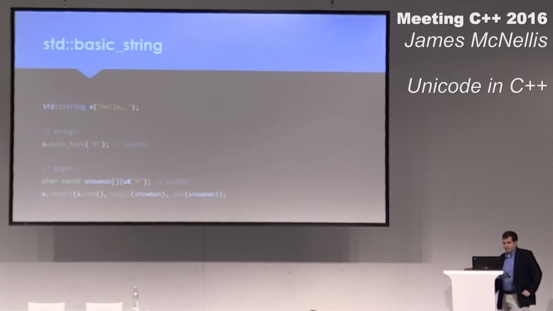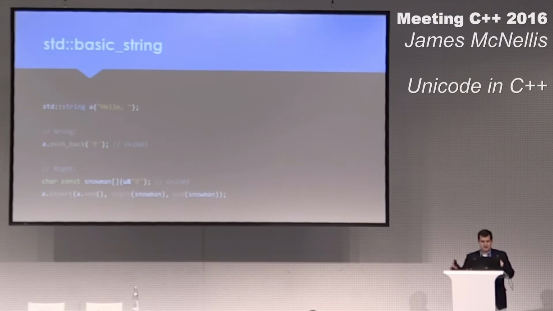So here's a UTF-8 simple example. Let's say that we've got a string that contains "Hello, " and we want to say hello to a snowman. And so we try to push_back a snowman. Well, that's not going to work because the snowman isn't representable in a single char. So what we actually have to do is create a string that contains that snowman character, and then insert it into the end, however many code units that required.